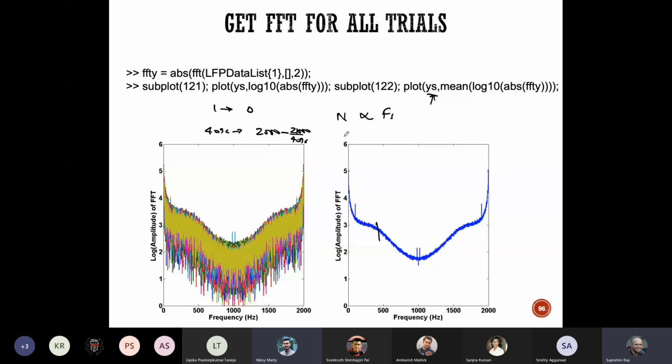Okay. So suppose the sampling rate is 2000 samples per second, and I have 4096 samples. So what's the factor here? Let's go back and look at the signal.